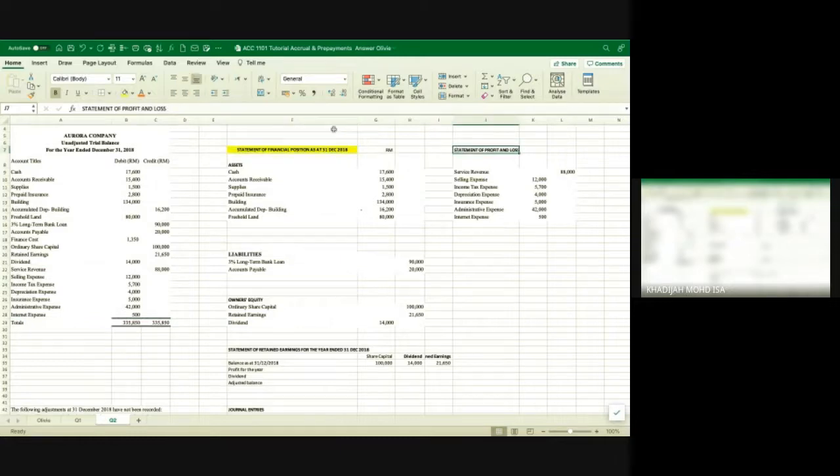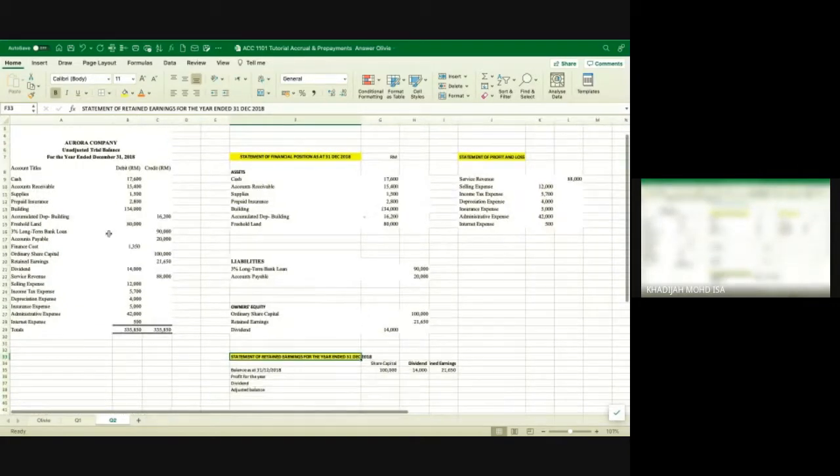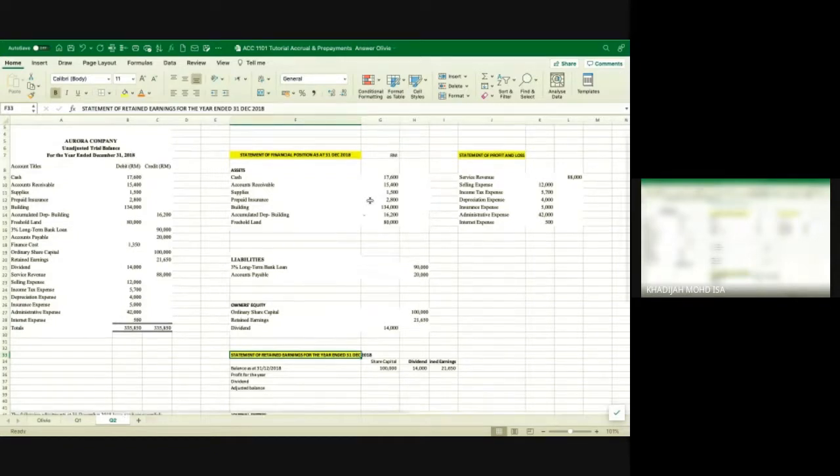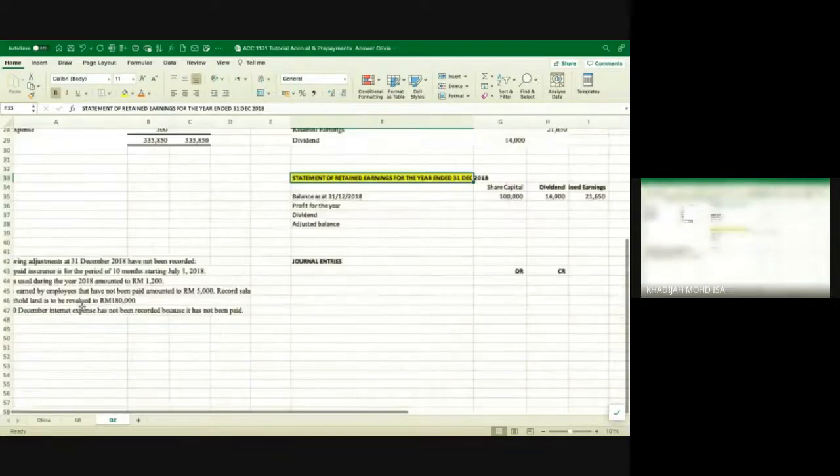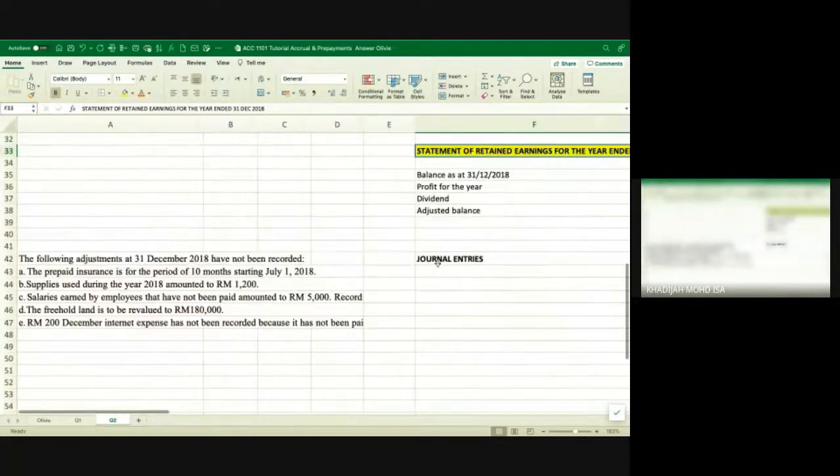Your statement of profit and loss, and then the statement of retained earnings. By putting all these accounts and the relevant amounts into the respective statements, you already have 50% of the marks. Trust me. Now let's do the adjustment journal entries.